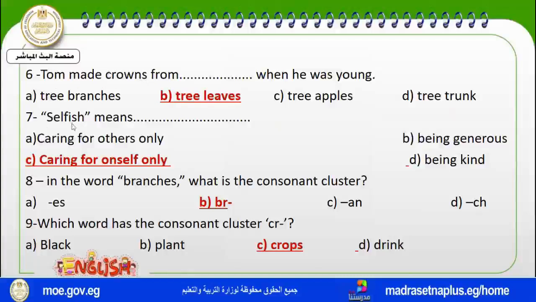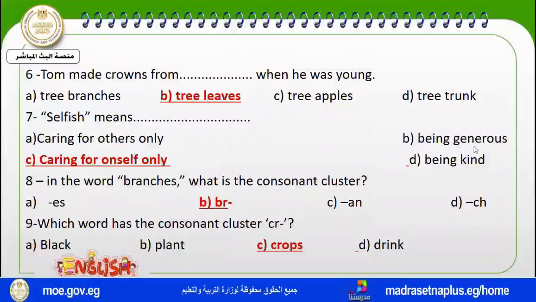Tom cared about himself only and didn't think about the tree, or if the tree needed water or air. He only thought about himself and how he could benefit from what he could get from the tree. In this case, he only cared about himself. When you care only about yourself, you are selfish.